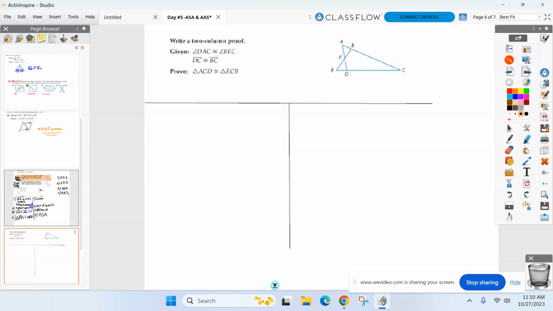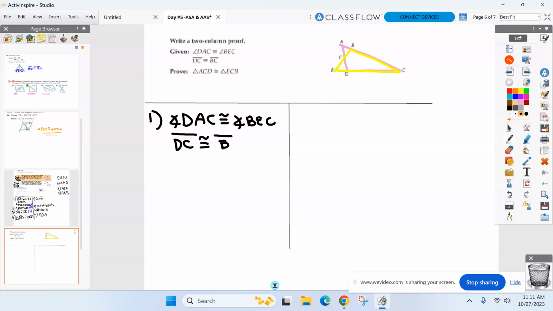So go ahead, highlight each triangle in a different color so you can clearly see each of them. All right, everyone, go ahead. Get in your statements and reasons.